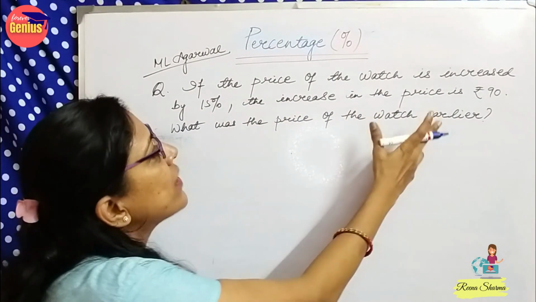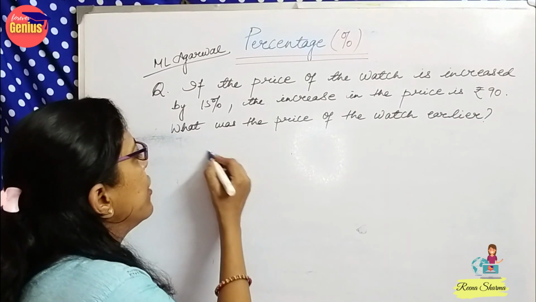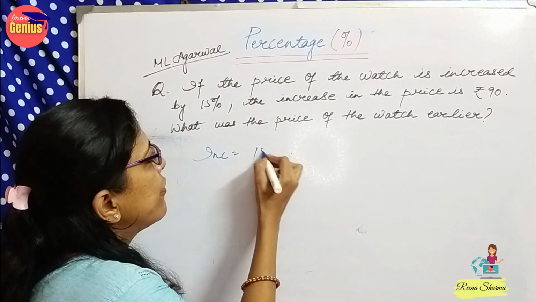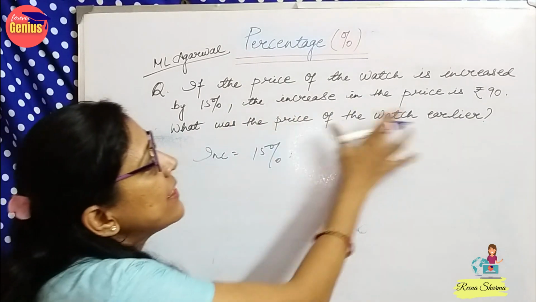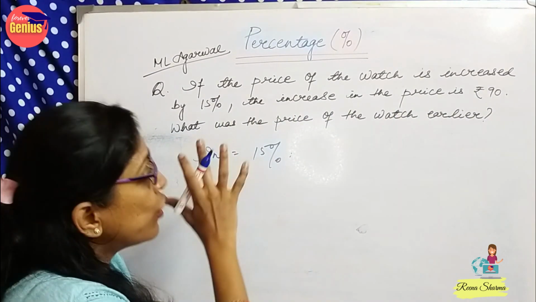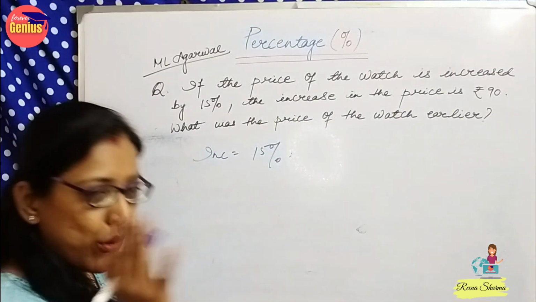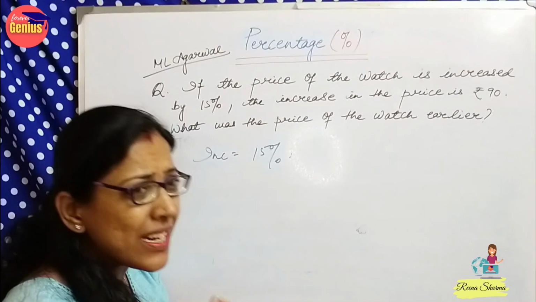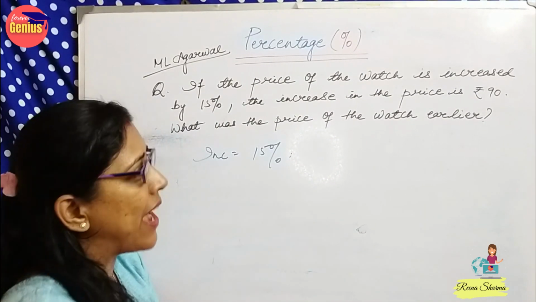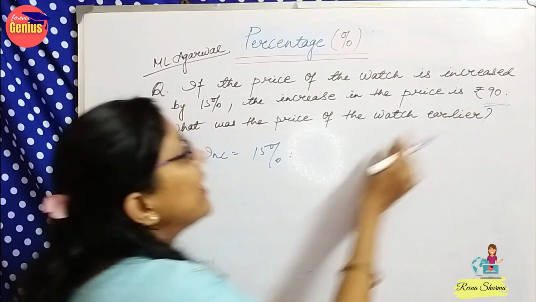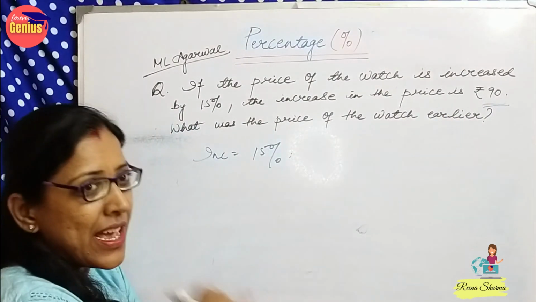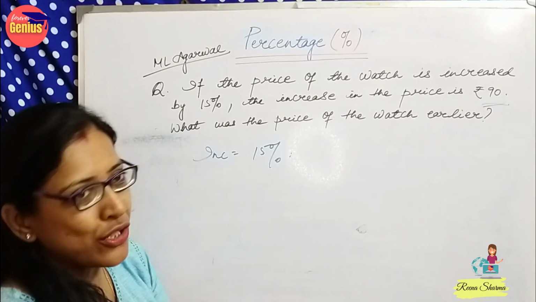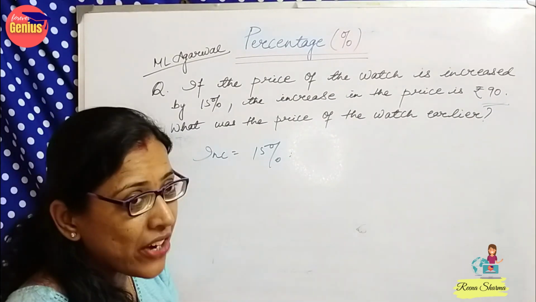If the price of a watch is increased by 15%, so the increase is how much? 15%. The increase in the price is 90. In these cases, more often, a silly mistake done by the students is that they take this as the price and take out 15% of this, and then the solution will be totally incorrect.